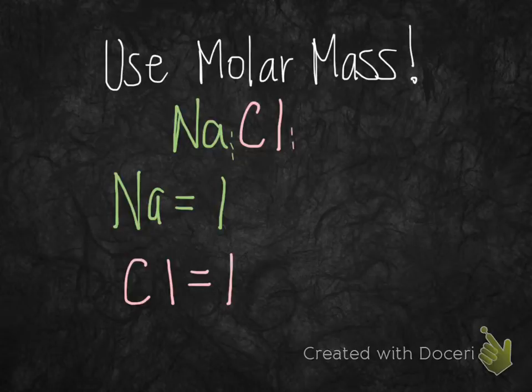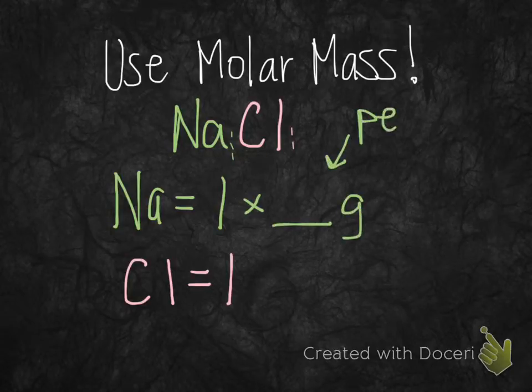Next step. Now we figure out how heavy Na is, how many grams. That's on your periodic table. So then we find the number of grams. Use periodic table.